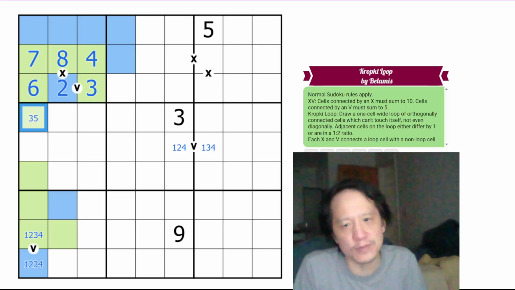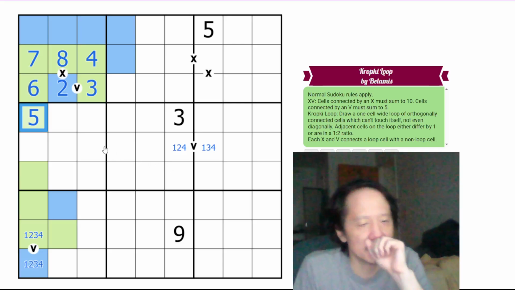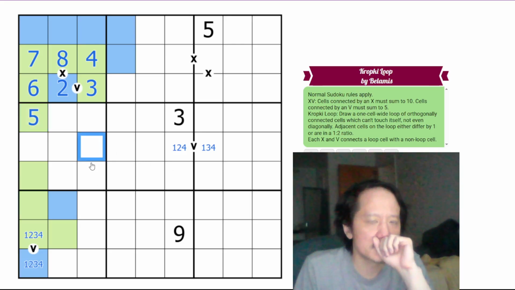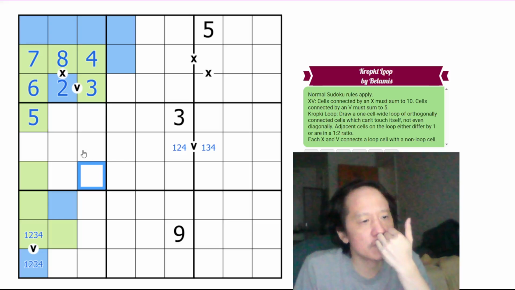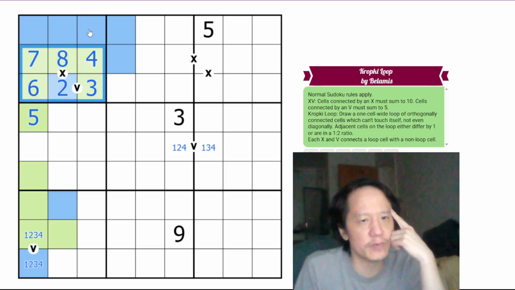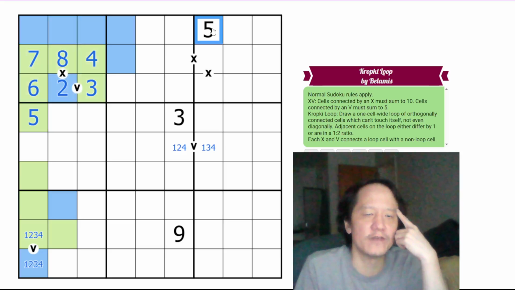It cannot be 3, this would have to be 5. Huh. So this is how it would have to be. 5 cannot be here, but 5 has to be here, because those are the only digits remaining.